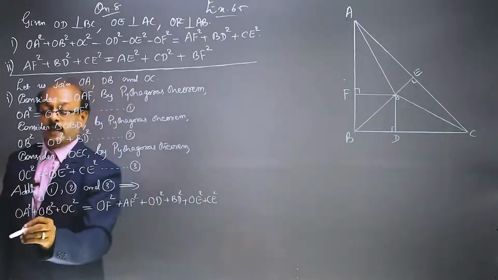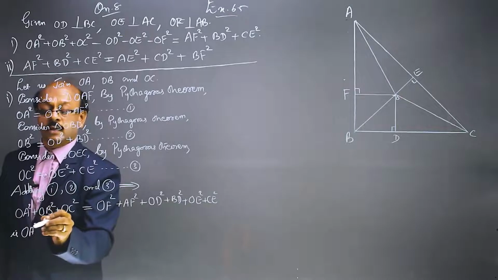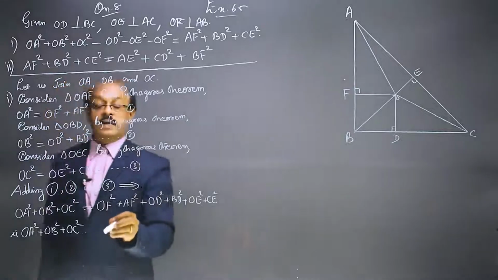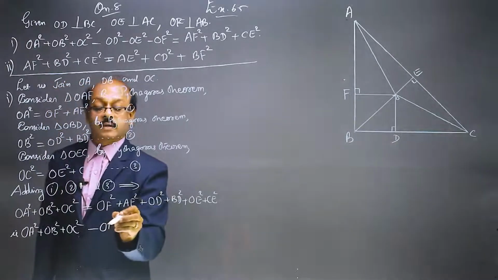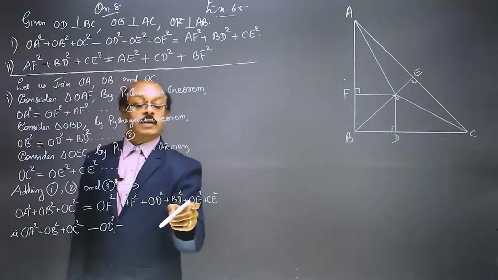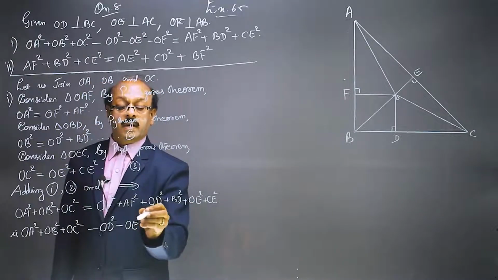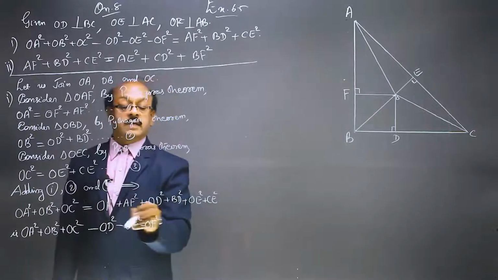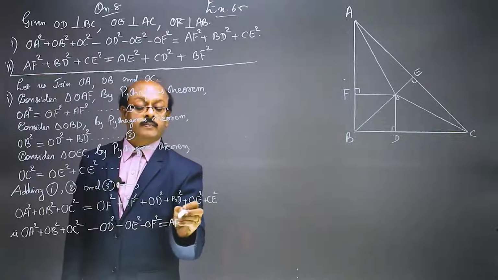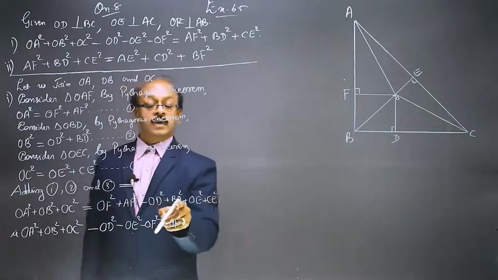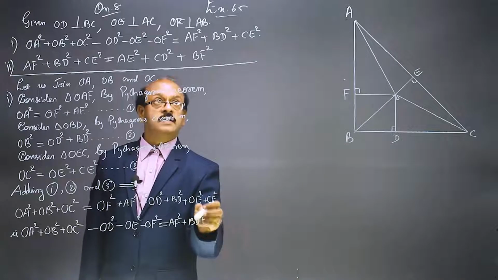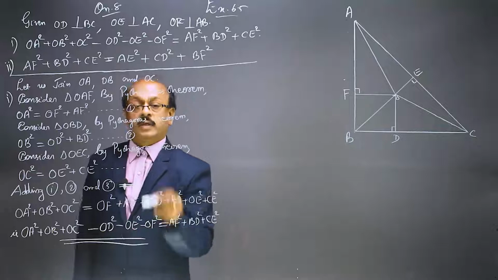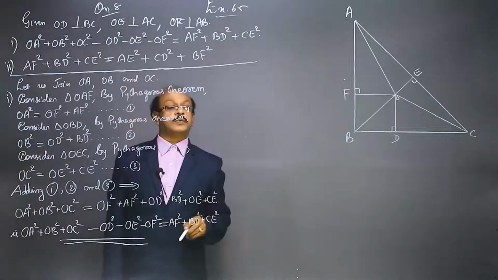We will get OA square plus OB square plus OC square minus OD square minus OE square minus OF square is equal to the remaining quantities AF square plus BD square plus CE square. First part is over. We proved the first part. Now we have to prove the second part.